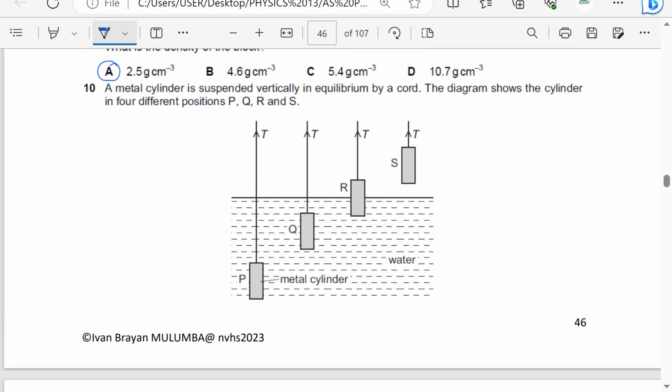Of course, the tension is going to be greatest when it is in position S. It is going to be smallest when it is in position P. When it is in position P and Q, the tension is the same because the upthrust is constant. Then here, the upthrust slightly reduces, because of the smaller part which has been submerged in the water. And here, the tension is going to be greatest.